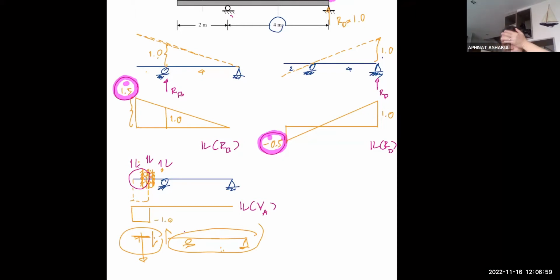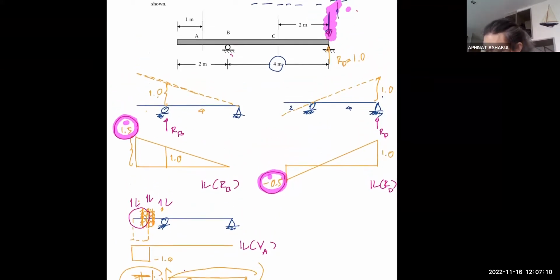So now imagine this, ladies and gentlemen. If you have a beam, this one, and you focus on the shear at this location. Okay, let me go back to this one.